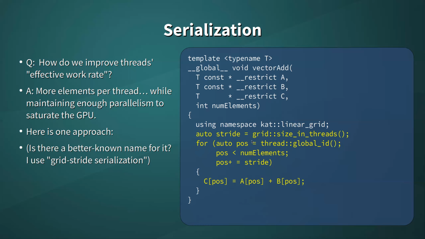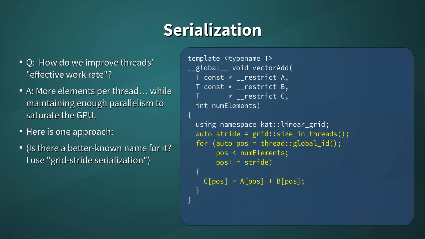So we're still not using anything additional from CUDA KAT. This is just C++ code. Or I'm sorry, this is information about the grid, which I said we can have. And then we have this loop.